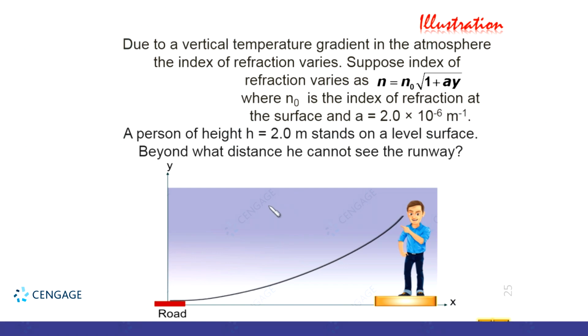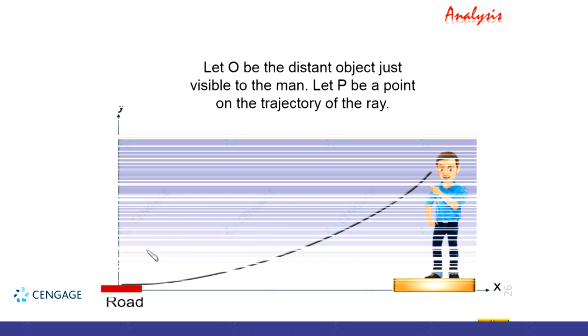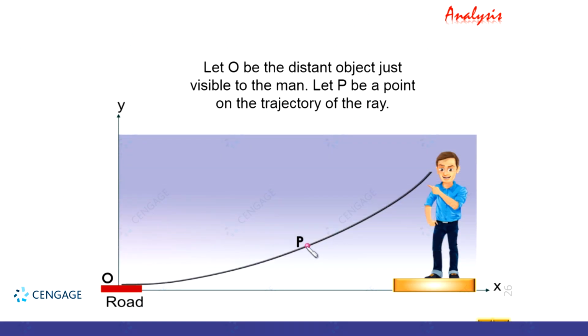So let us make this diagram again and let us assign the point that is the center of road as O, and let us take one point P on the trajectory of the path of the ray. Correct? Now, here we can do one thing. As we discussed, we can consider the overall air made of different layers having different refractive index.